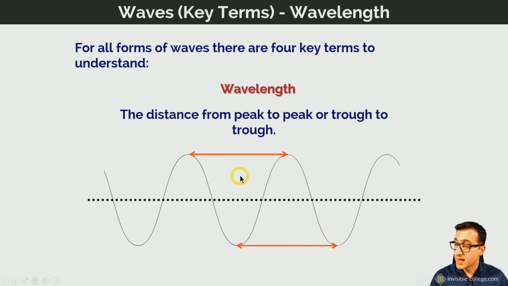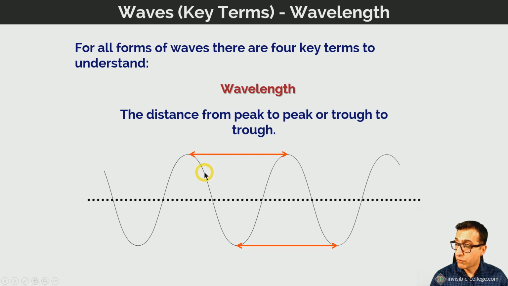However, you could also say that if you measured the actual distance in meters, standard units, from this point on this wave to the same point on the adjacent wave, that would also be the wavelength. So even though you will see this definition given in a lot of physics textbooks and online, a more inclusive definition would be that the wavelength is the distance in meters from a specific point on one wave to the same point on an immediately adjacent wave.